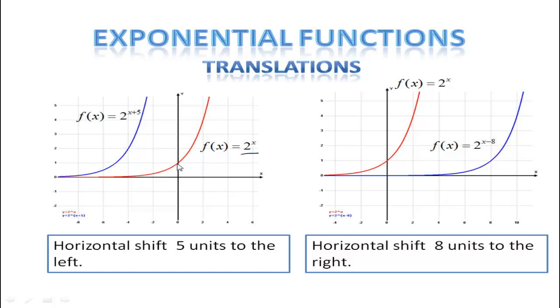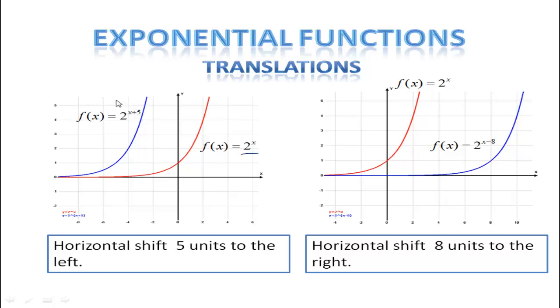Okay, and now I have this function here, which is the parent function with a slight change. It has a change at the x. So this means that this change will affect my x-axis because it's changing the x. It's adding 5 units to the x, okay? So whenever I see a plus 5 with the x, that means I'm going to have a shift horizontally.